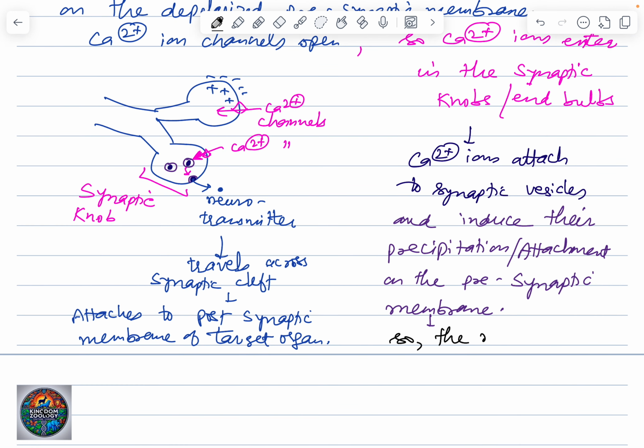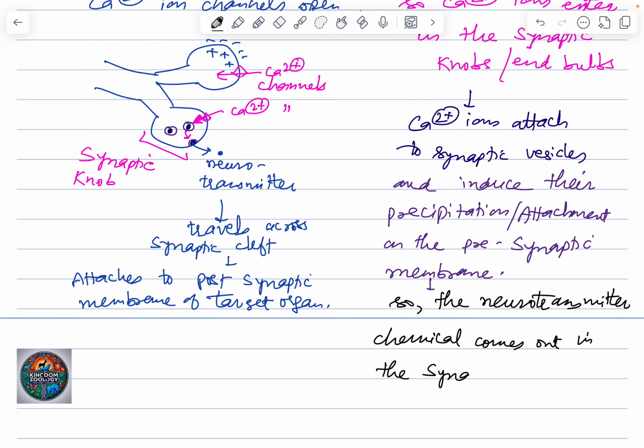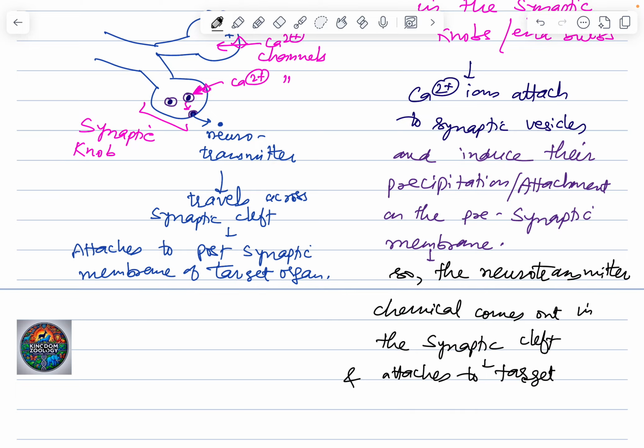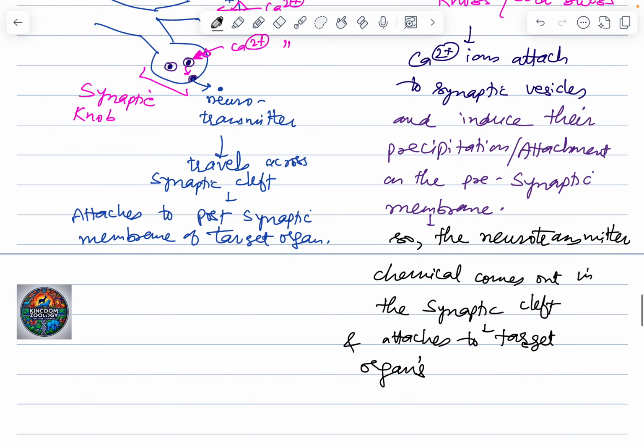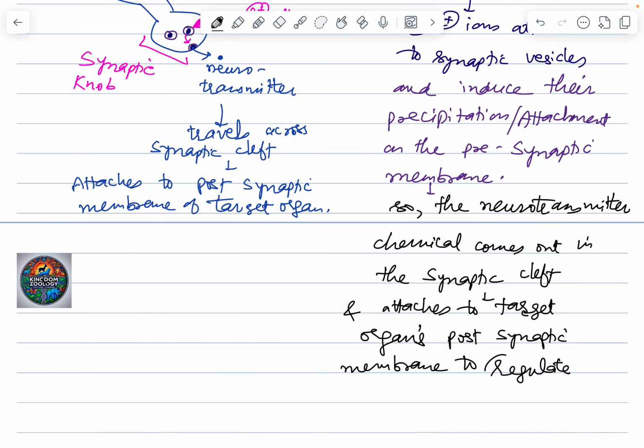So the neurotransmitter chemical comes out by diffusion in the synaptic cleft and travels across the synaptic cleft, attaches to the postsynaptic organ or the target organ, attaches to the target organ's postsynaptic membrane to regulate its activity. Once again, the term over here that I mentioned is regulate.